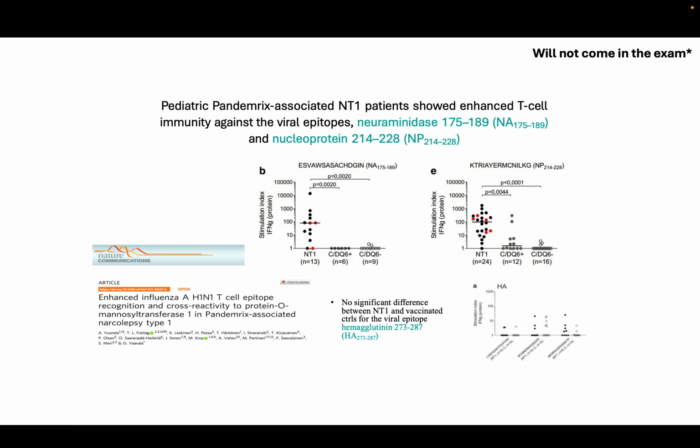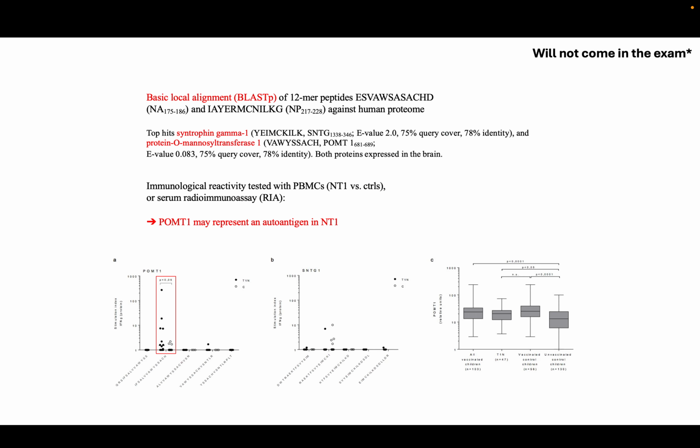But this is weird, because these NT1 people were not infected with the 2009 H1N1 virus. Why are these patients having T cells super reactive towards proteins of the H1N1 virus that they never got infected with?